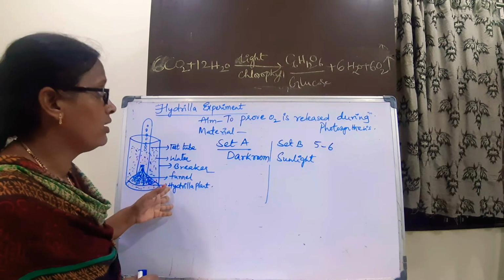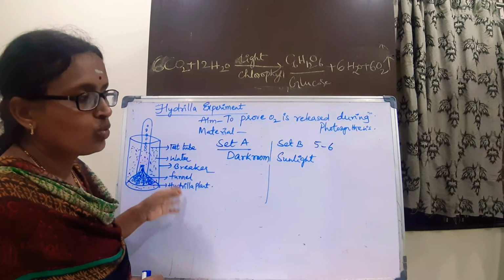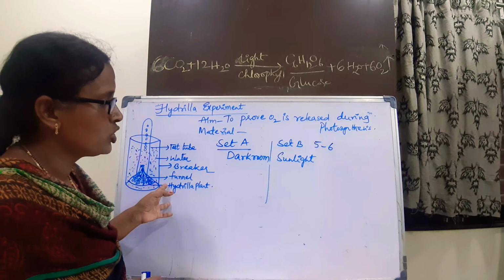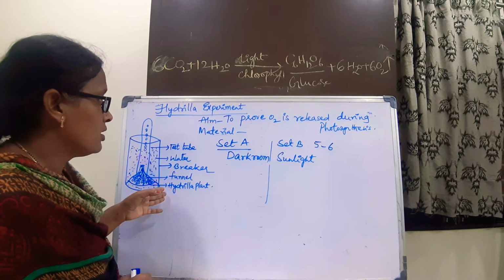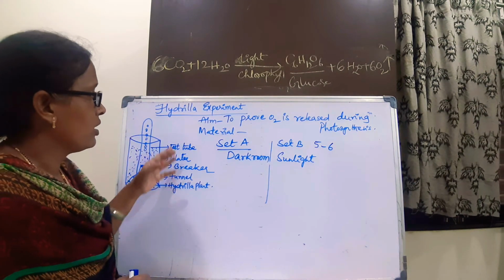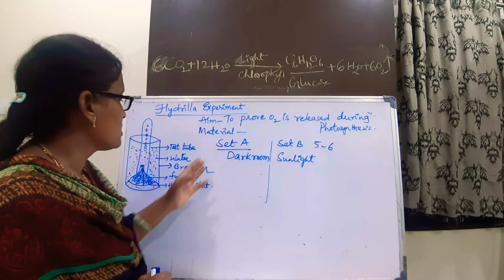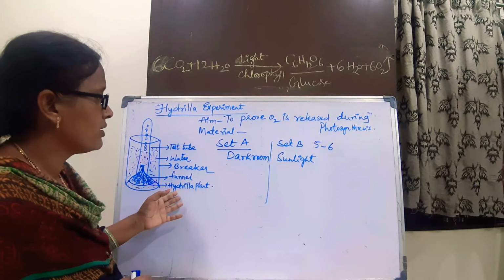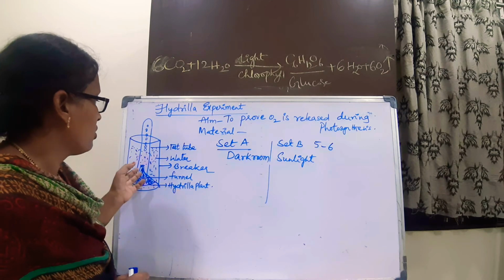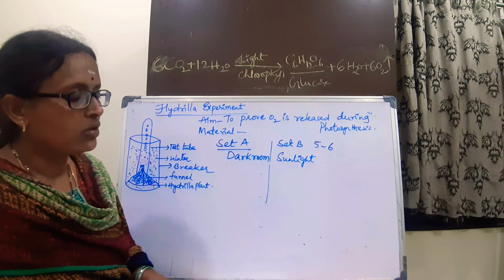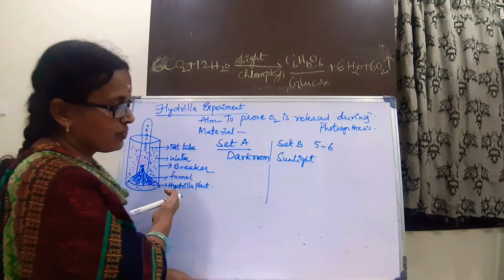This hydrilla experiment is asked many times in the examination, and there are many questions like: suggest some plants instead of hydrilla. Elodea plant is there. What are the precautions? Write some precautions in this experiment.